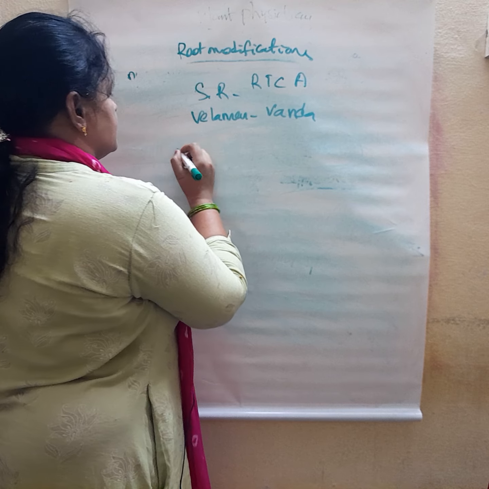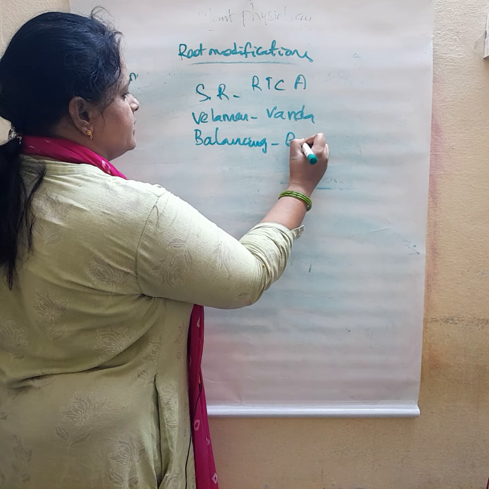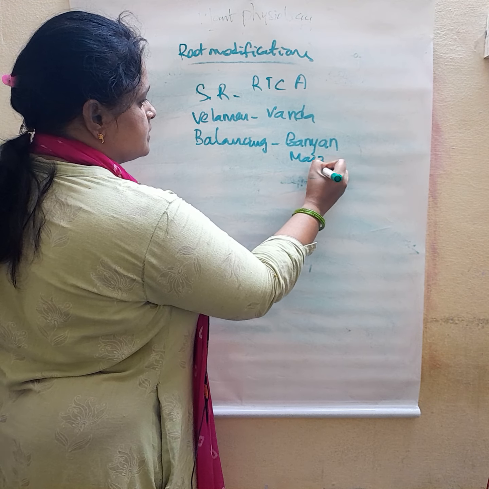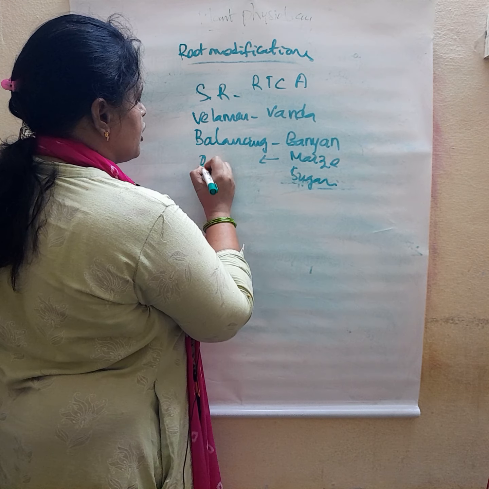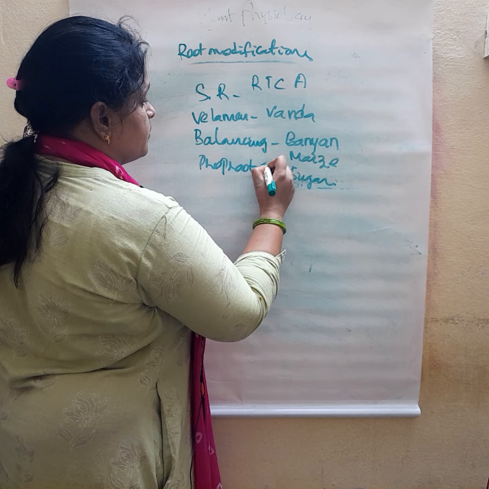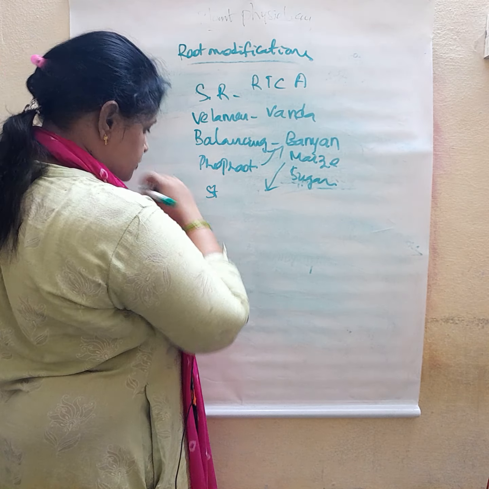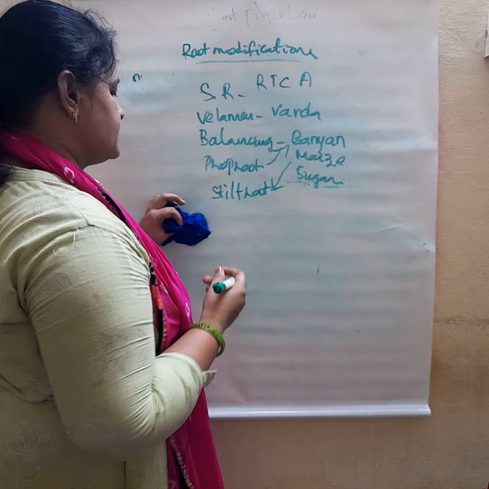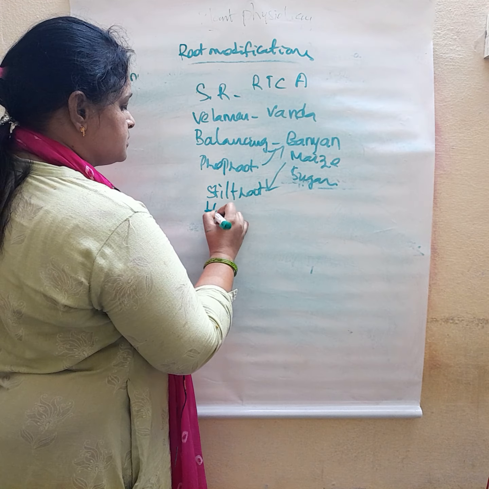Next, balancing roots: banyan tree, maize and sugarcane. They are called prop roots. Prop roots are in banyan, and maize and sorghum, that means sugarcane, have stilt roots. Next, parasitic roots are called haustorial roots.